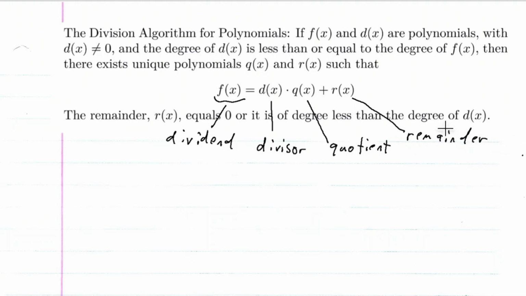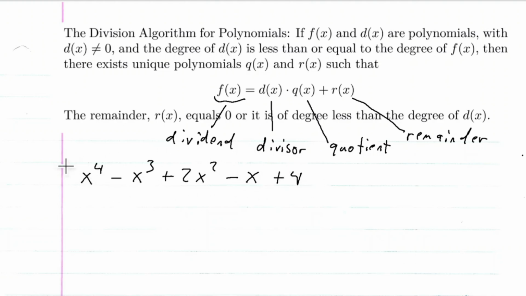Okay? And I'm going to show you through an example how the division algorithm works. We're going to do this using long division to figure out what our quotient and remainder would be. Let's look at this division of polynomials here. We're going to be looking at x to the fourth minus x cubed plus 2x squared minus x plus 4.